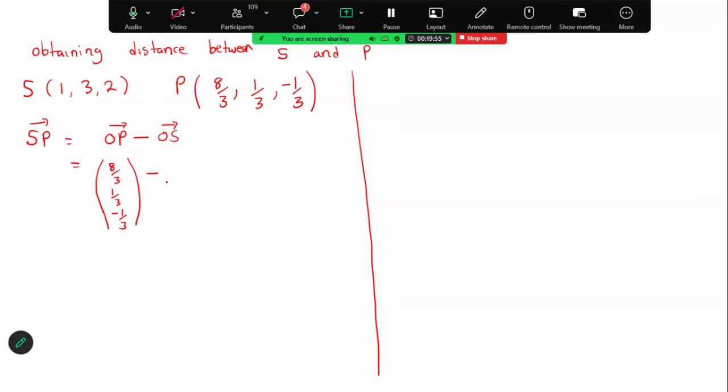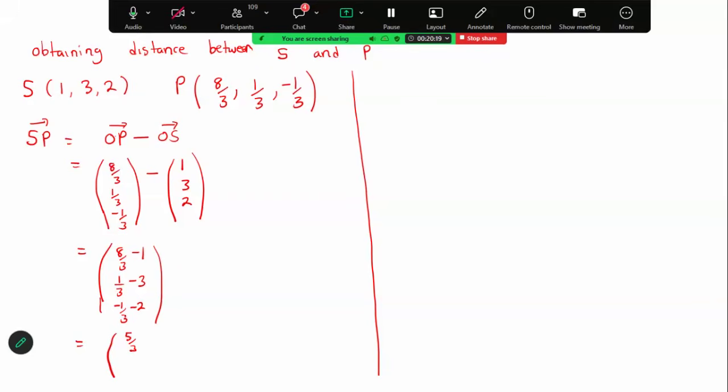And then I'm subtracting OS, which is 1, 3, and 2. So when you subtract, we shall have 8 out of 3 minus 1, a third minus 3, and negative a third minus 2. So you place your calc very well. When you place your calc, 8 out of 3 minus 1, you get 5 out of 3. A third minus 3, you get negative 8 out of 3. Negative a third minus 2, you end up with negative 7 out of 3.